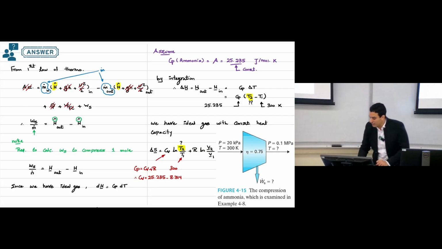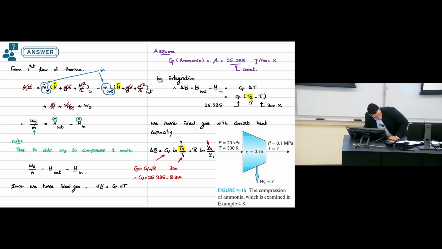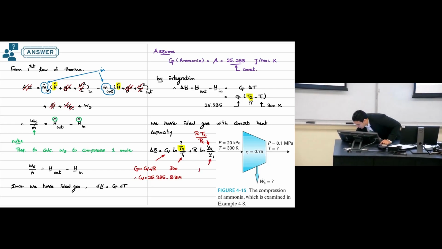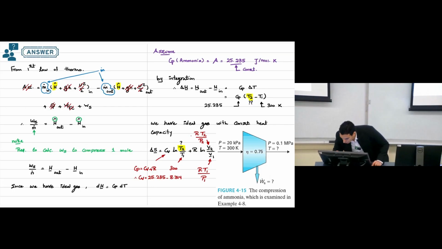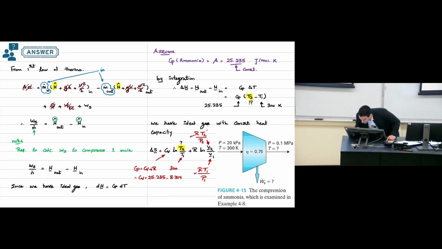We have ideal gas, so V2 is R T2 over P2, from the ideal gas equation of state. Molar volume at the inlet is R T1 divided by P1. The value of R is known, but the value of T2 is unknown. Still, I have this value unknown here.